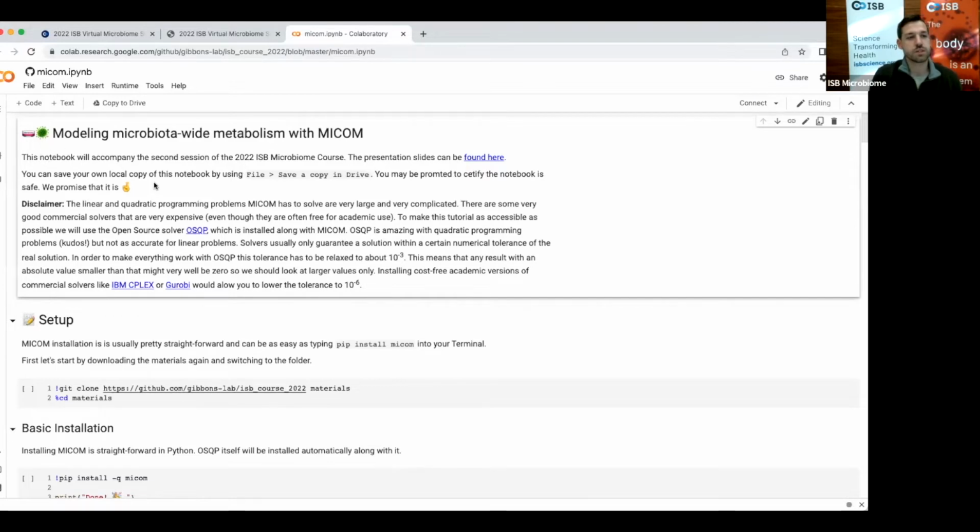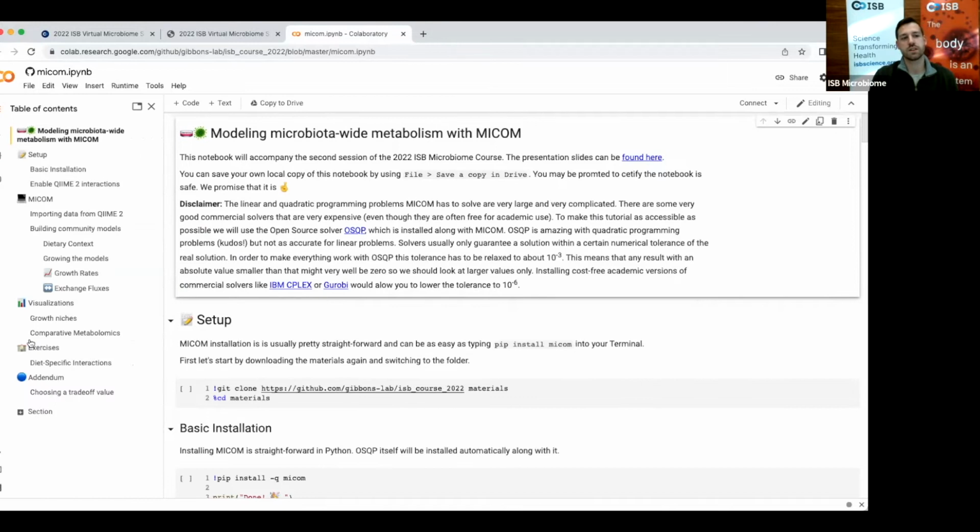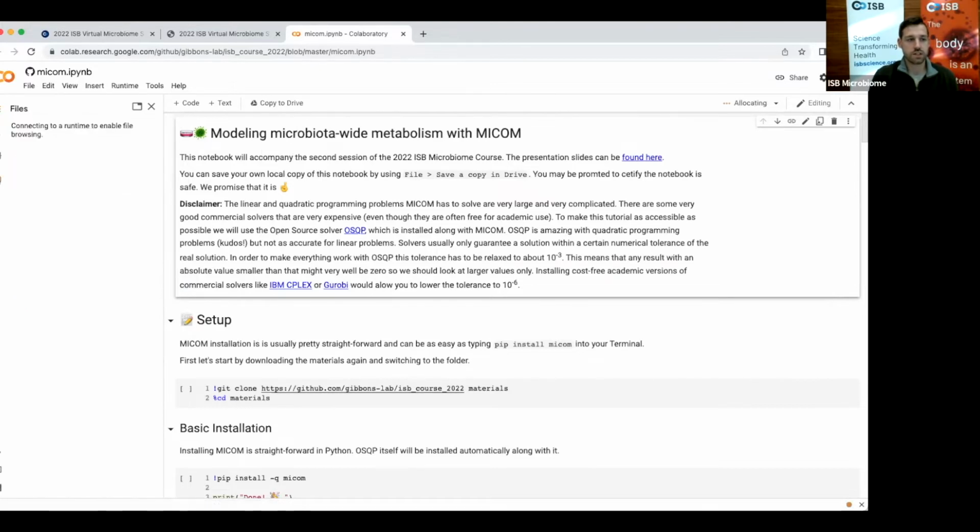This looks very similar to the one that you were using yesterday with Christian, but again, the focus of this part of the course will be on modeling microbiota-wide metabolism using MICOM. So let's orient ourselves a little bit. On the left-hand side, we have our table of contents, which will show you all the steps that we're using today in order to build and model our communities. We also have our file explorer right here, which will show all the materials that we're using in the course.